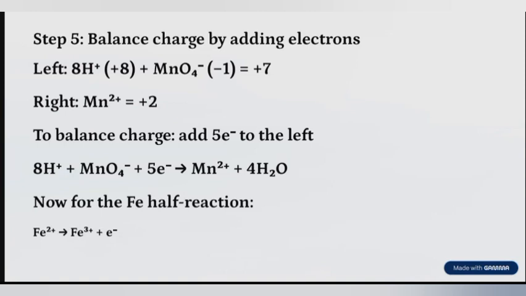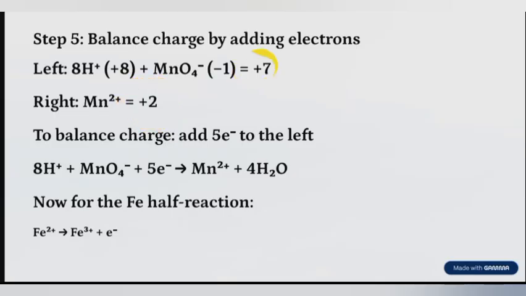So now we've just gotten the total charge on both sides, left and right-hand side, for Mn. To balance the electrons on both sides, you look for the one that has the smallest charge. This one has the smallest, 2.